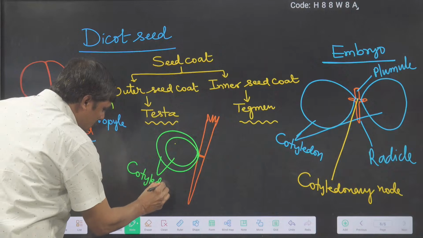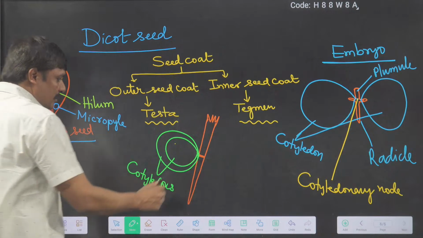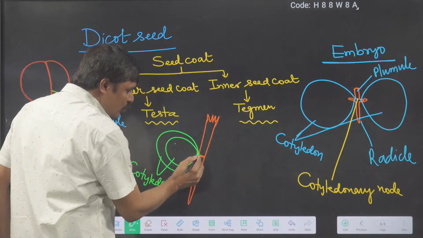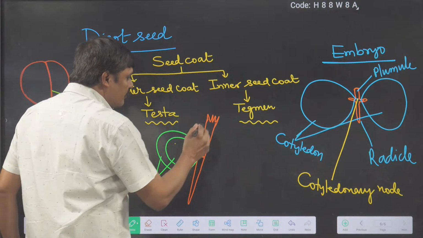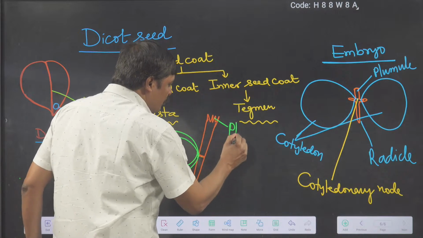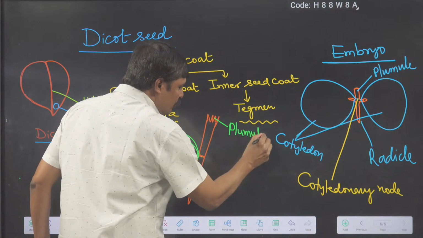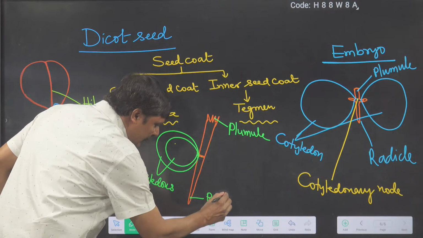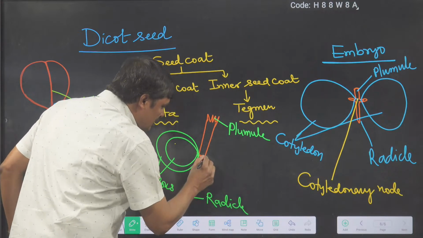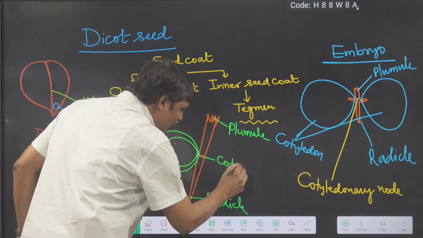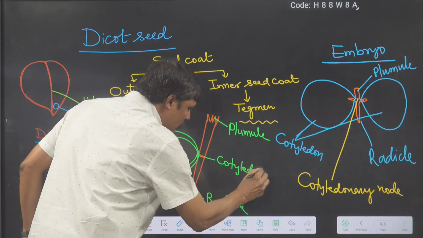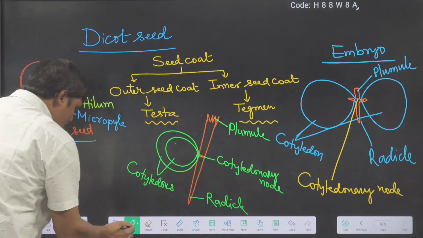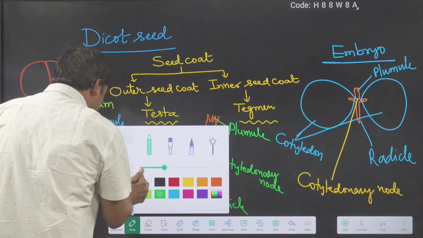One end is called plumule. Other end is called radicle. And this part is called cotyledonary node.